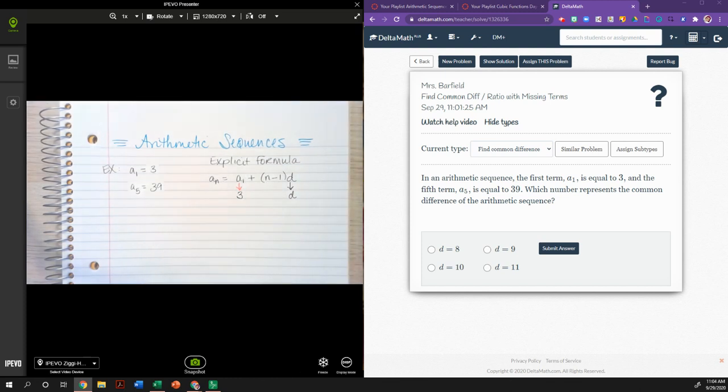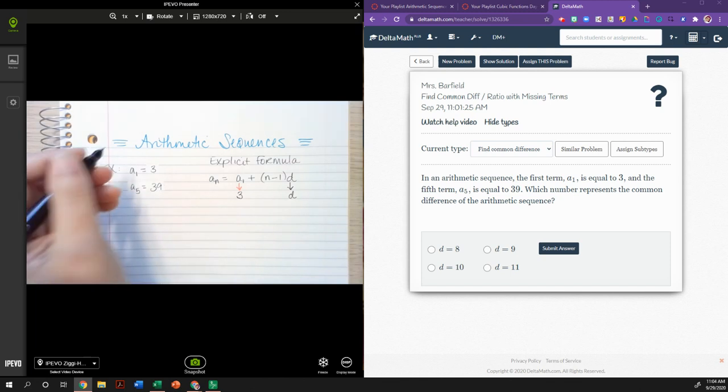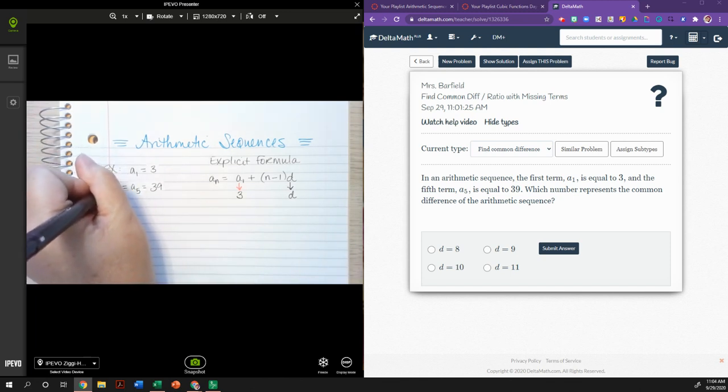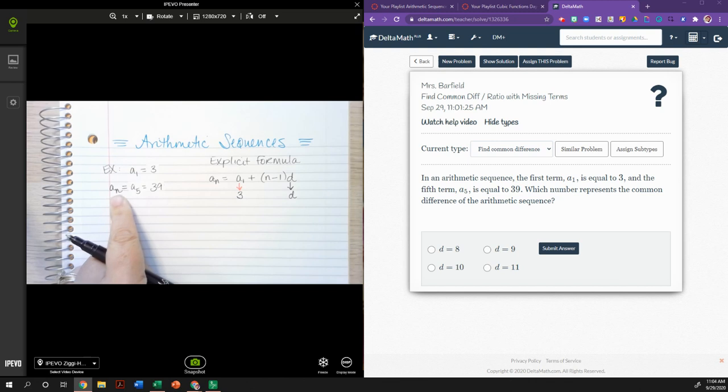Well, actually we do. They have told me that the fifth term, a sub 5, is equal to 39. So a sub 5, remember, that is a sub n.